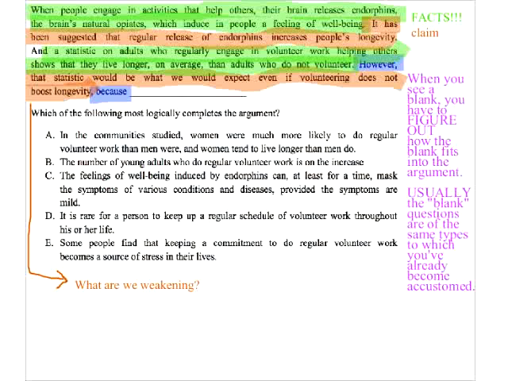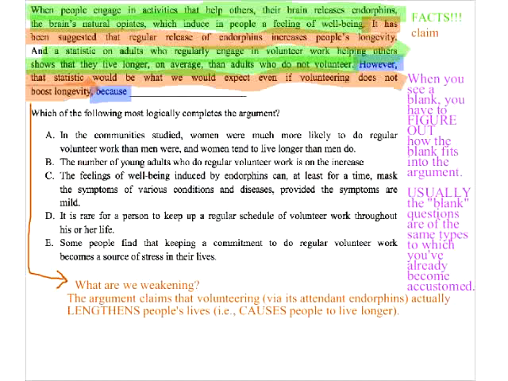In other words, the argument claims that volunteering and its attendant endorphins, in addition to, yeah, that's a good way to write that, actually lengthens people's lives. In other words, that it actually causes people to live longer. That's what we're trying to weaken.